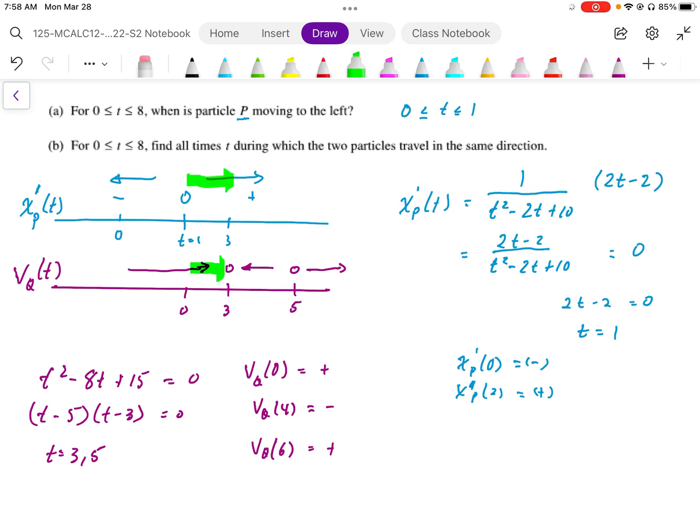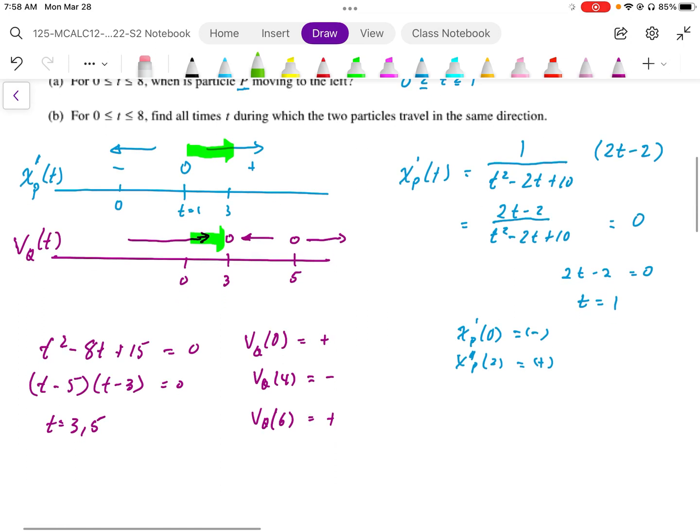I'm going to make a note of that: the domain from 0 to 3, both are moving to the right.